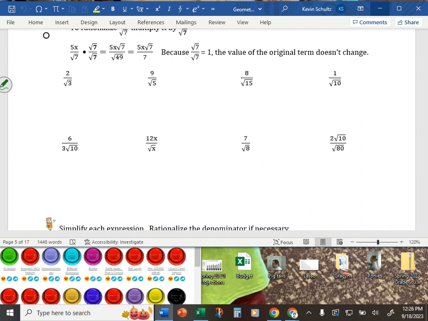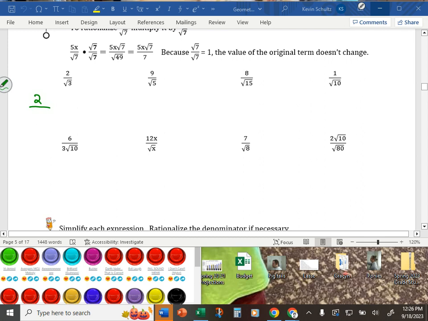Let's do 2 over root 3. What are you going to multiply by? Ryan? You're not going to multiply by 3. Tristan? You're going to multiply by root 3 over root 3. Okay? Root 3 over root 3. Two reasons why. Number 1, we're multiplying essentially by 1.